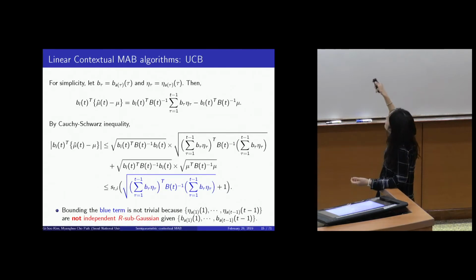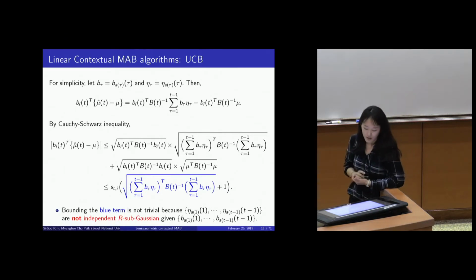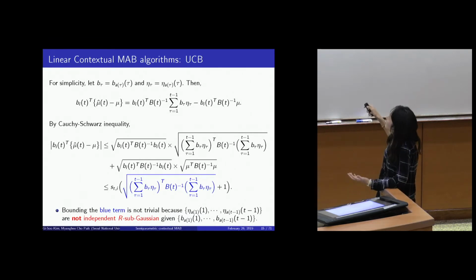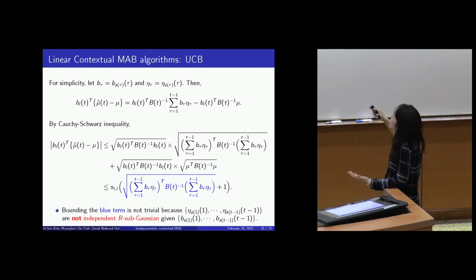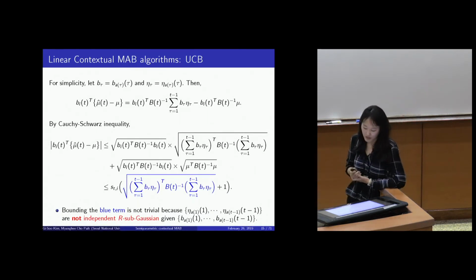This blue term involves the observed context b_tau and the errors of the observed rewards eta_tau. So it seems to be simple to bound this blue term using the R-sub-Gaussian assumptions. However, bounding the blue term was not trivial because the errors of the observed rewards are not independent Gaussian given the observed context.